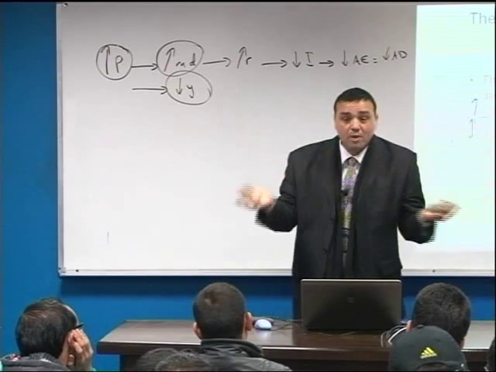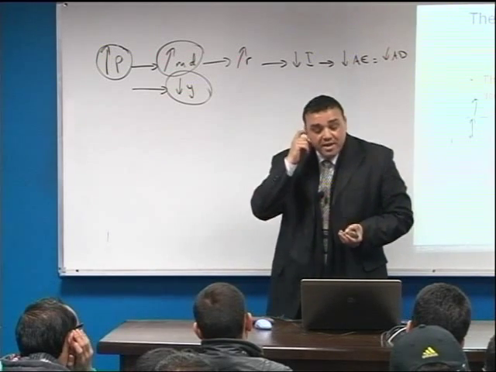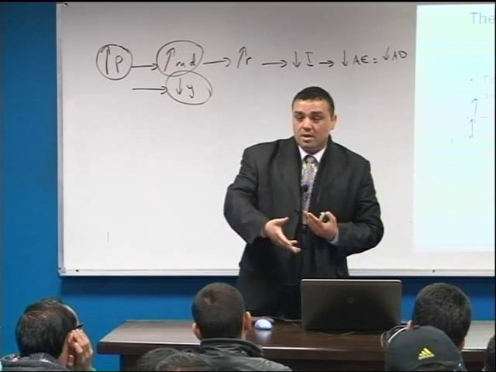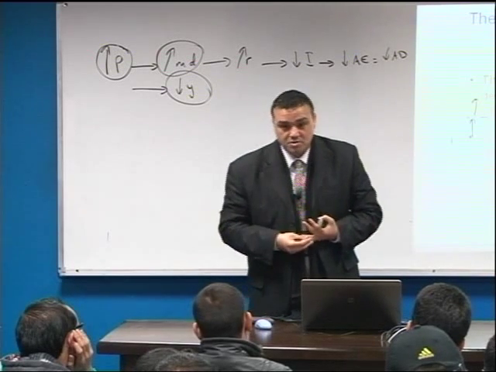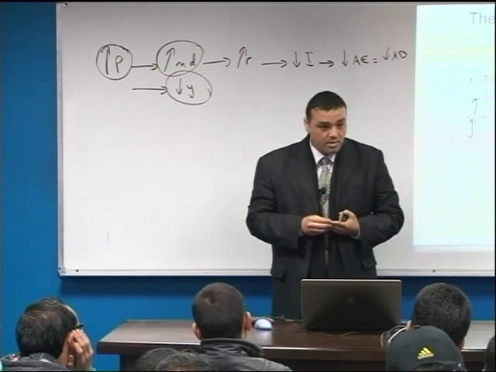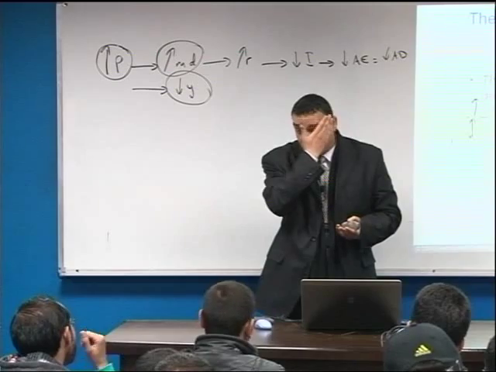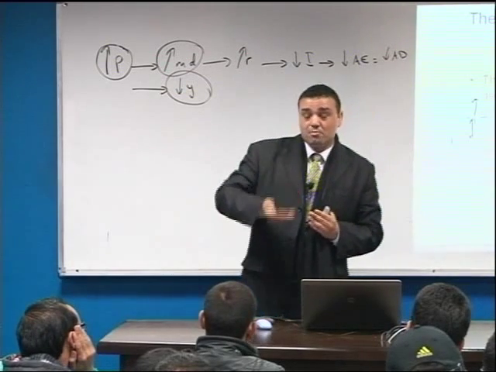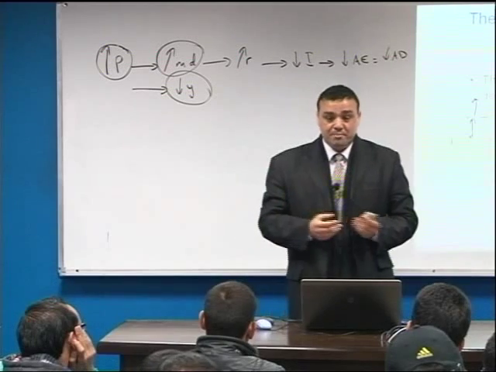But now we are talking about the aggregate demand for the economy as a whole. We are talking about the demand of the household sector, the firm sector, the government, and the outside sector, or the rest of the world. So the aggregate demand is more complicated than the simple demand.